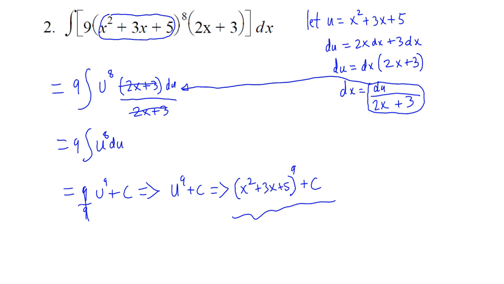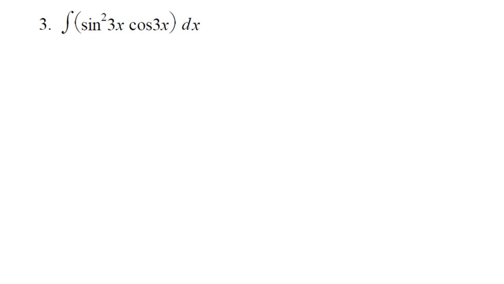Okay, let's go on to this last one in this set. We have the integral of sine squared 3x cosine 3x. And sometimes you don't know exactly where these things are going to end up. I'm going to do a rewrite of this.